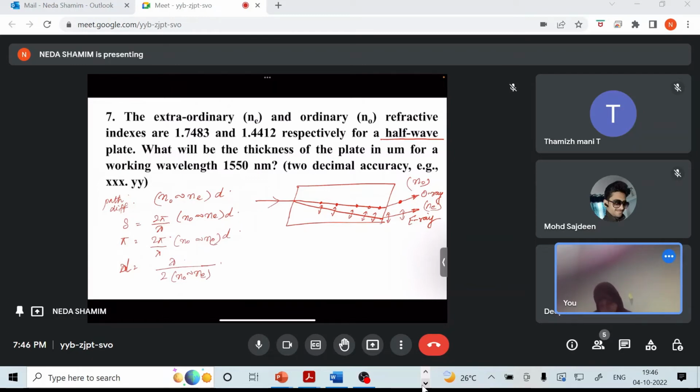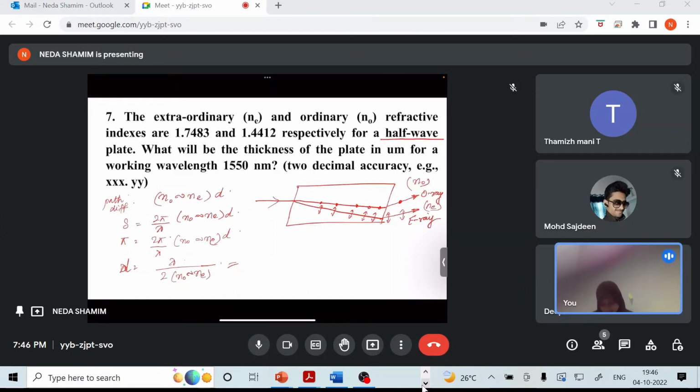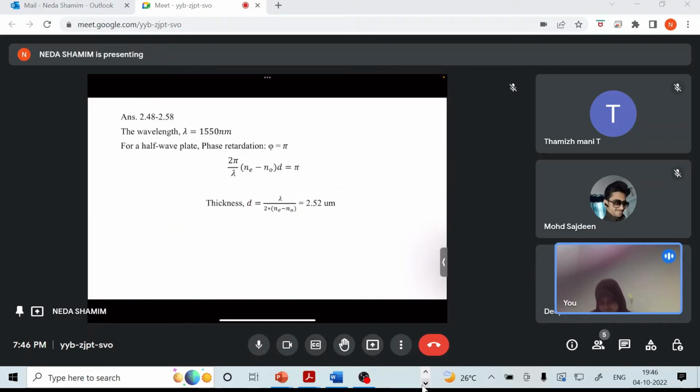What are we supposed to find? The thickness of the plate in micrometers. So we'll use this formula. It's Ne minus No, I think. I'm not placing a complete minus sign, I'm saying whichever will be bigger. So let's say Ne minus No. We will have (Ne minus No) times t equal to pi.